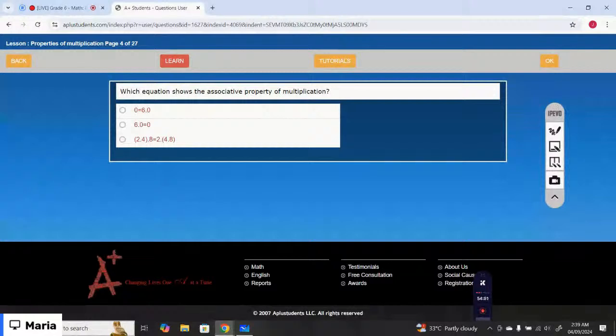Which equation shows the associative property of multiplication? So which is the correct option?